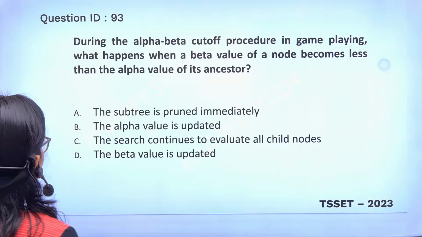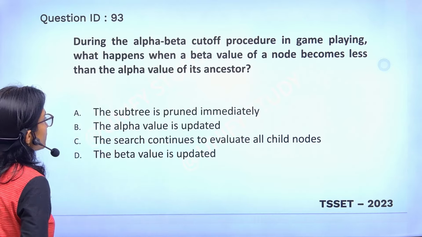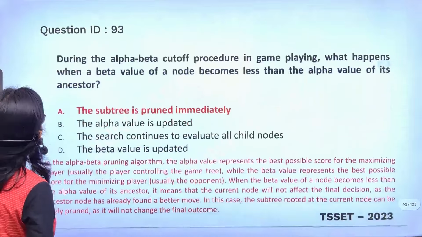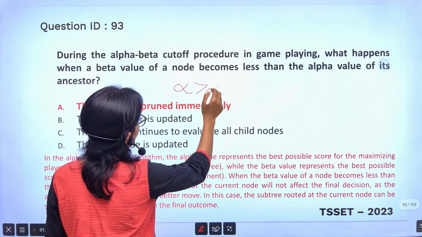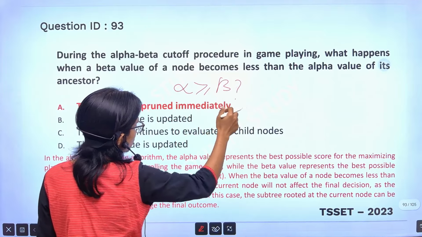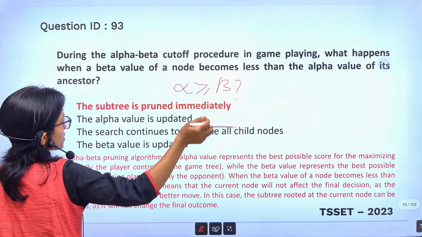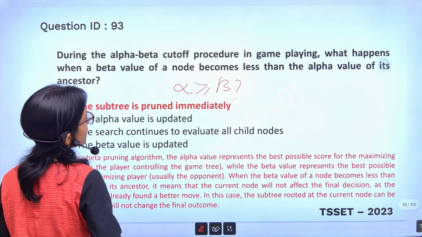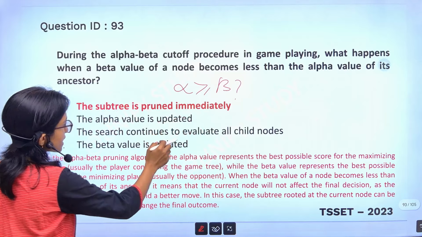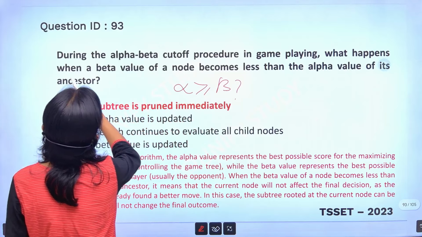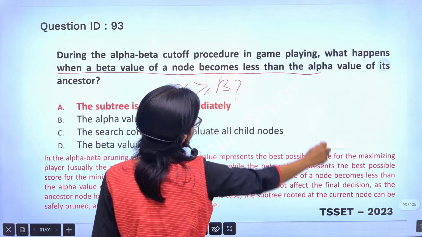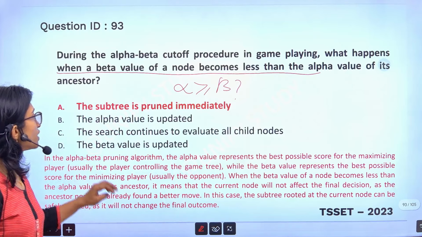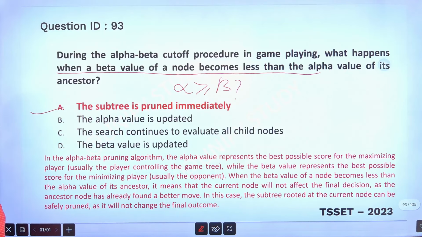When we did the minimax, what did we do? The main condition was alpha greater than or equal to beta. If true, then visit. If false, then immediately prune it. That means whenever the beta value of the node becomes less than the alpha value, we are going to prune the subtree.